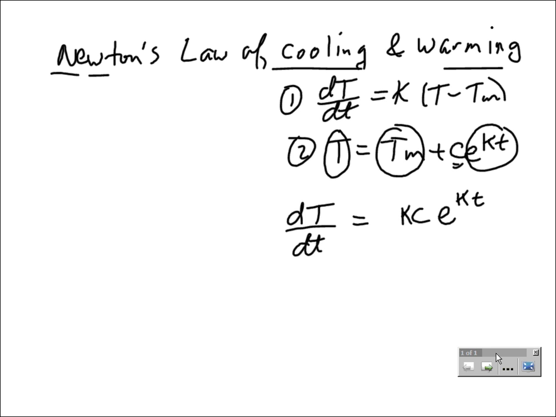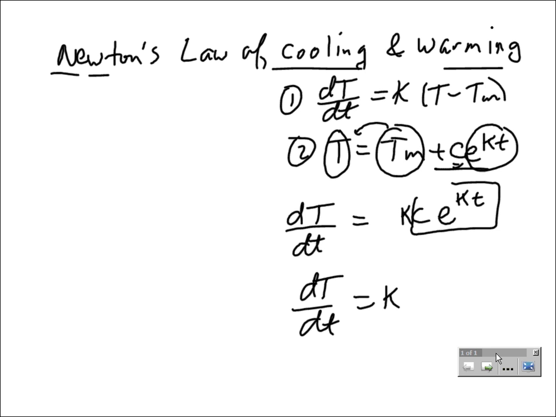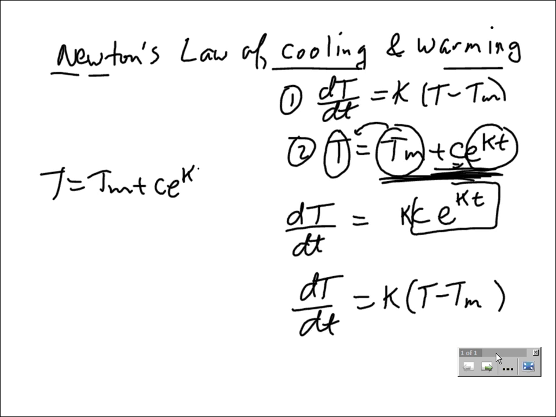Now you may say, well, that doesn't look like number 1 above. You're absolutely right. But based on number 2, C e to the kt, if I bring this to the other side, the right side just has C e to the kt. The left side is T minus Tm. But they're equal. We have T is equal to Tm plus C e to the kt.